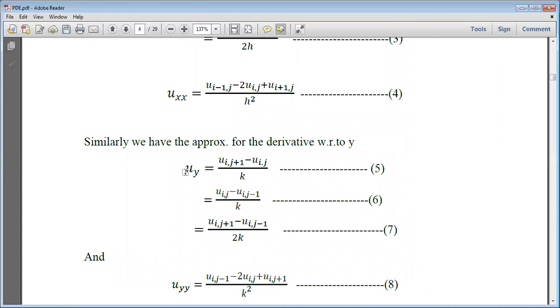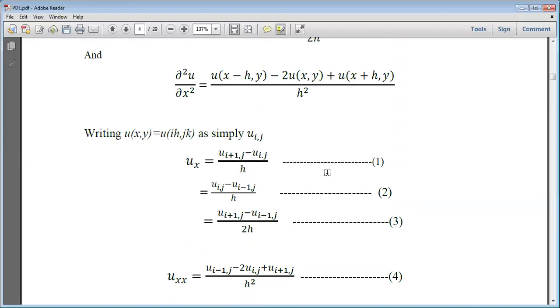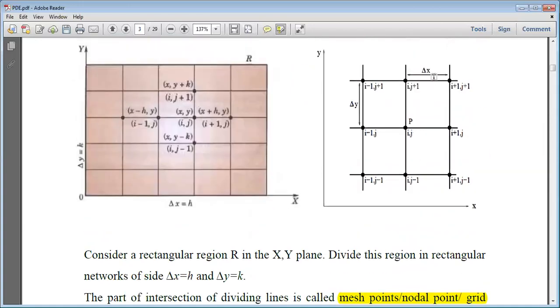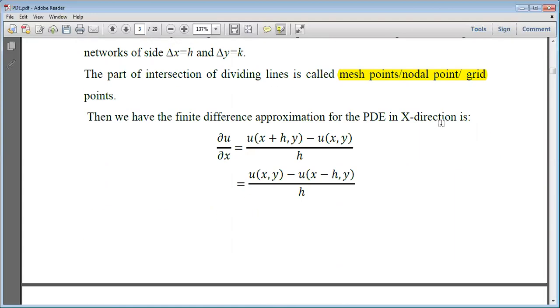That is ∂u/∂y, or u_y, can be written as u(i, j+1) minus u(i, j), divided by k. Here u at (i, j+1) minus u at (i, j), divided by this grid size or step size, that is Δy, that is k, in the direction of y.